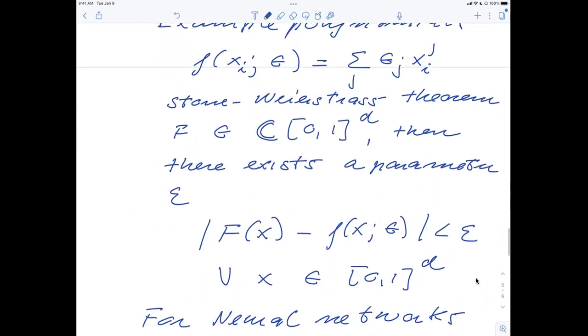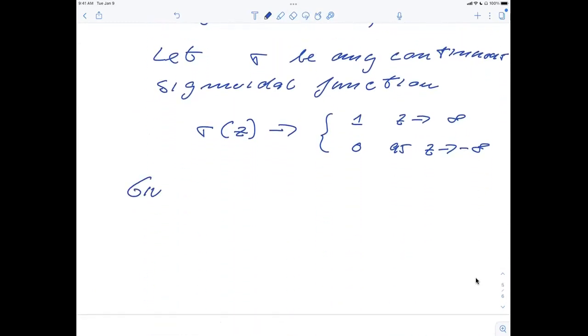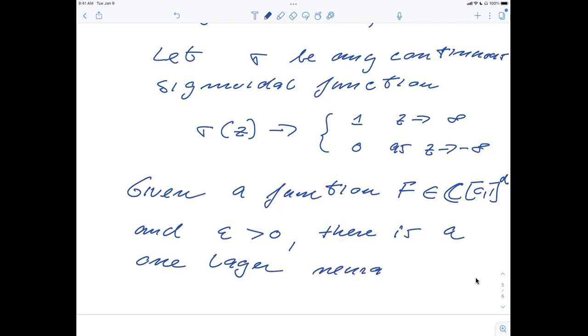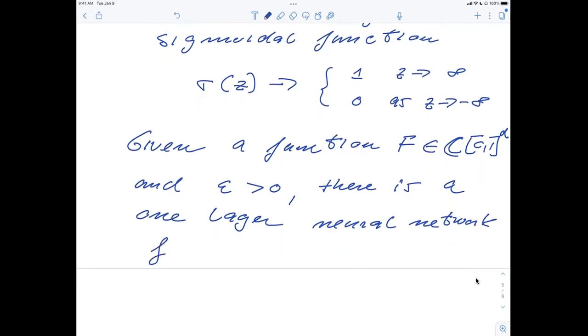So with such a function, given a function f, which is now a continuous function on the unit cube in d dimensions, and a parameter epsilon which is larger than 0, then, and this is what the theorem says, so this is actually an exercise in real analysis, there is a one-layer neural network, which we are going to call a function little f, which depends on the input variables x.